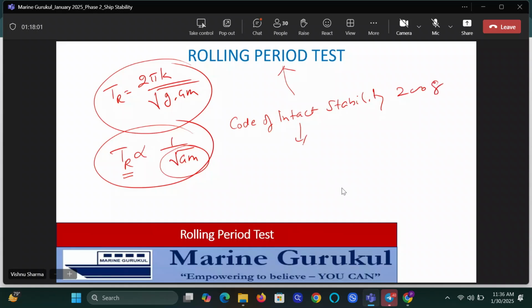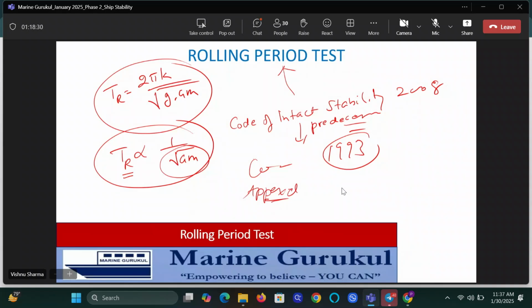The predecessor to it was the Code of Intact Stability 1993. In the 1993 Code, there was an appendix titled Guidance on Rolling Period Test. So whatever I'll be talking about or showing will be from there.